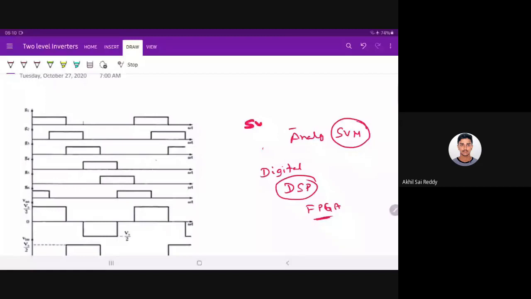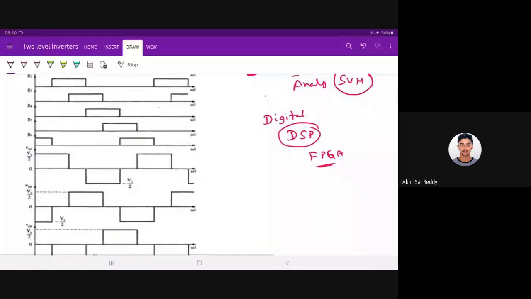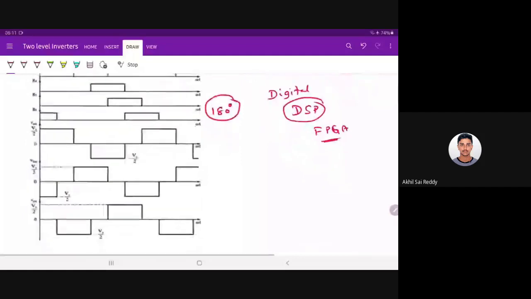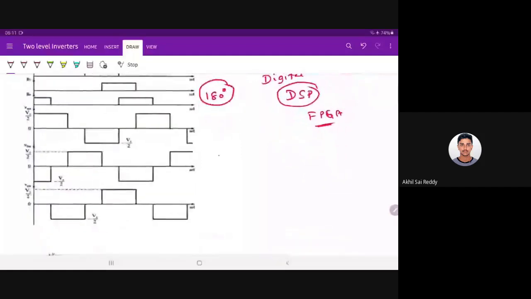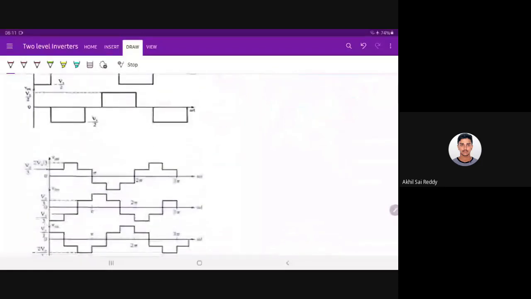There are a lot of computations. So as we already discussed, how are these space vectors achieved? For that we need to understand the 180-degree operation first. So this is the line voltage in case of 180 degree, and its corresponding load phase voltages.